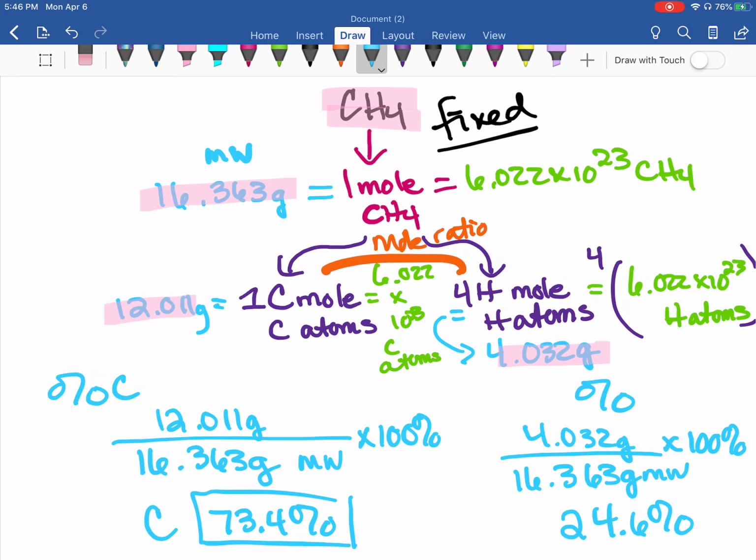Let's double check our math here. Four equals, oh, this is why. Okay, see, aren't you glad we're together? Our molecular weight is 16.043. Aha. Okay, don't go by my memory, that's for sure. Let's fix that. There we go.